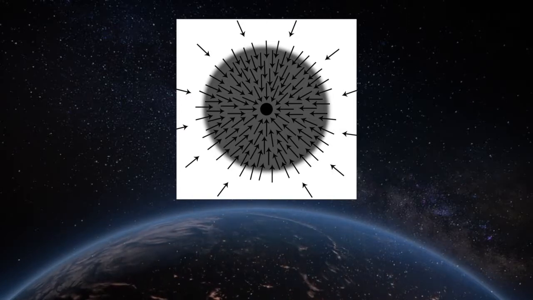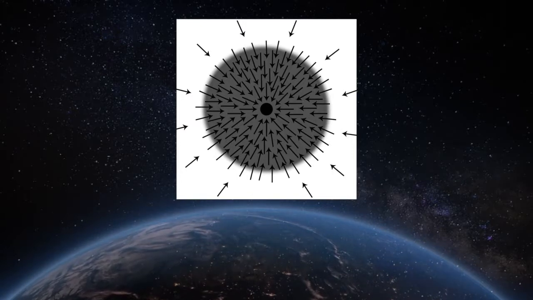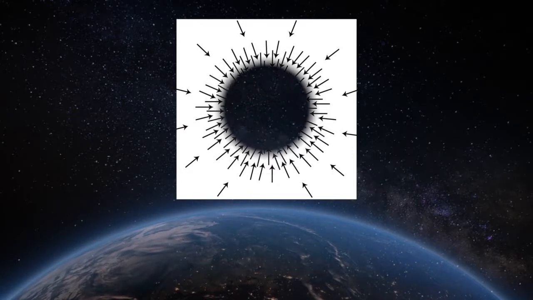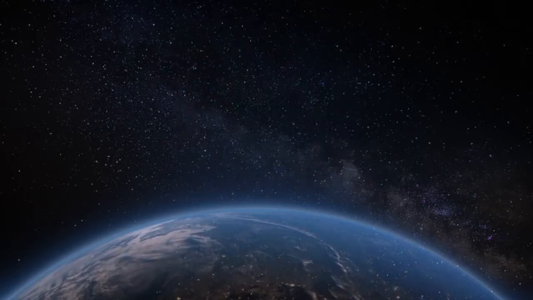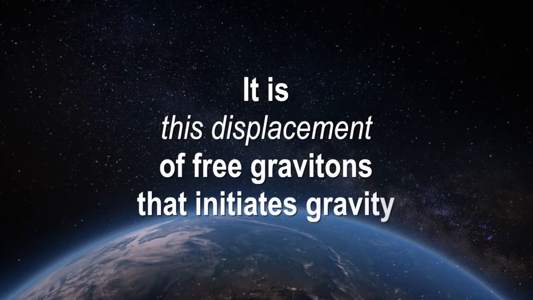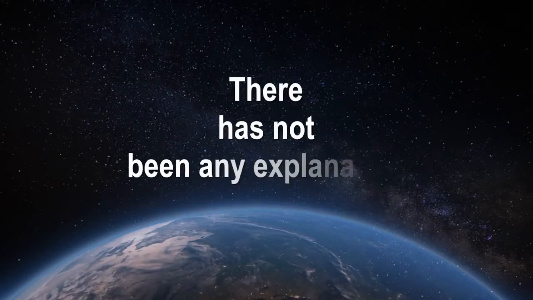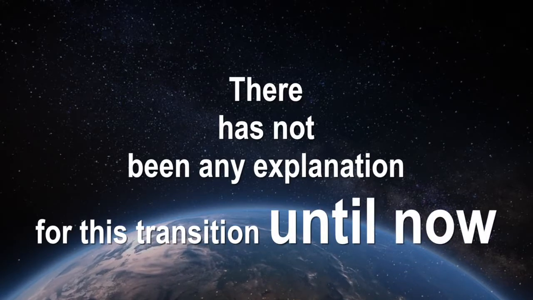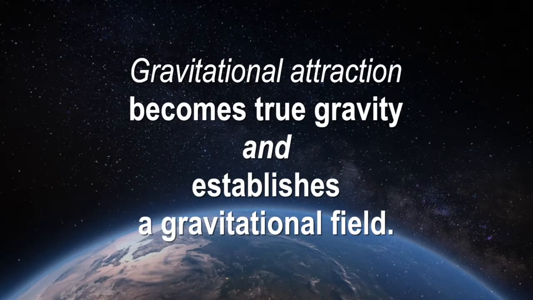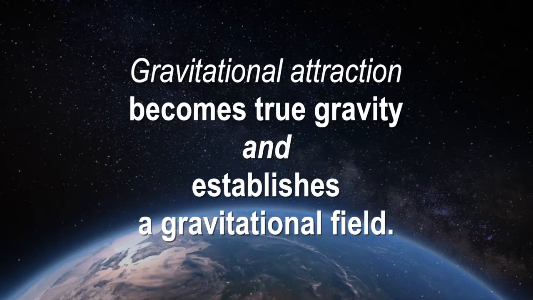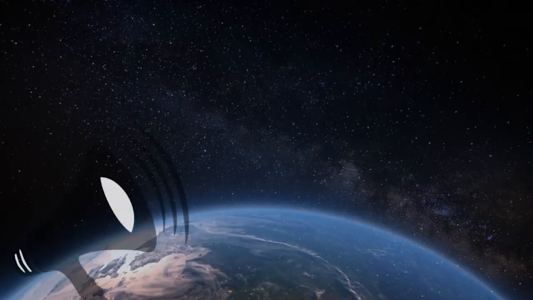These exiled free gravitons surround the mass, increasing the reservoir's density close to that mass and extending its polarity over a much greater distance. It is this displacement of free gravitons that initiates gravity. There has not been any explanation for this transition until now. Gravitational attraction becomes true gravity and establishes a gravitational field.